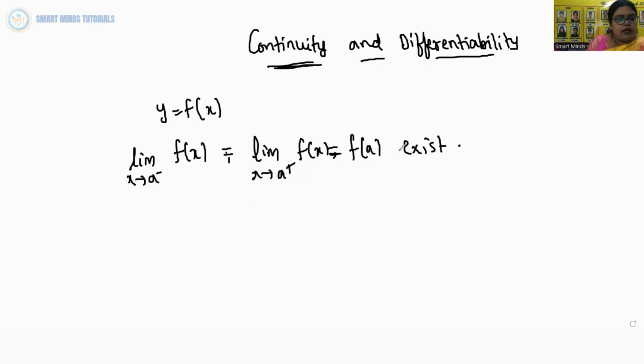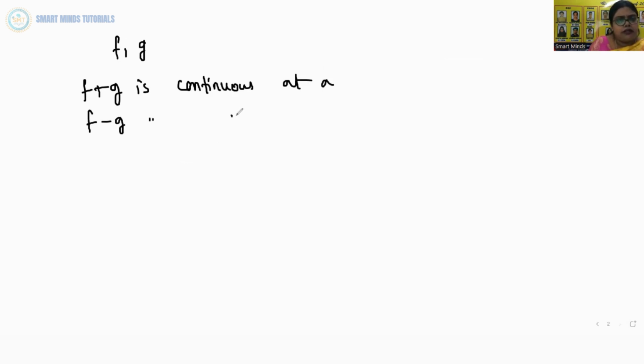Now there are some properties of continuous functions. Let's say f and g are continuous at a, then f plus g is continuous at a, f minus g is continuous at a, f into g is continuous at a, and f by g is continuous at a, but in division, provided g of a is not equal to 0.